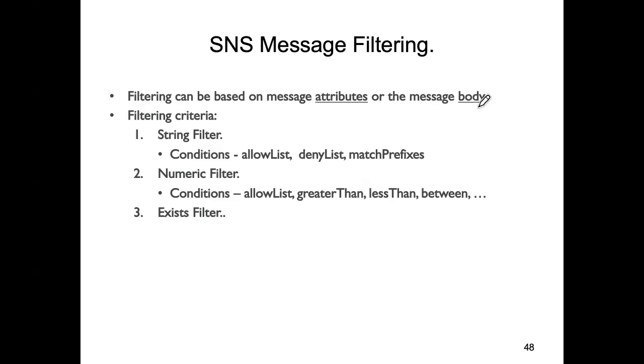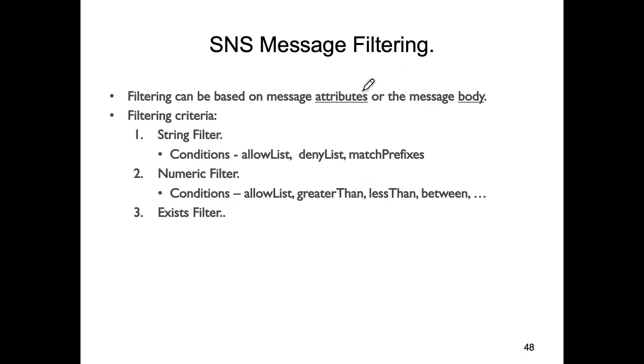And I'm saying here that you can filter either based on the values of certain attributes or the values of body properties. So there is a similarity really in terms of the nature of the filtering, because both the body and the attributes are specified in JSON form.